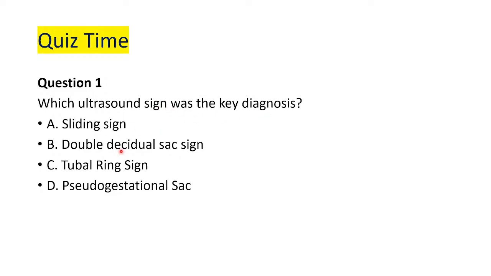A, sliding sign; B, double zero sign; C, tubo-ovarian sign; or D, pseudo gestational sac? So type your answers in the comment section and let's debate about it.